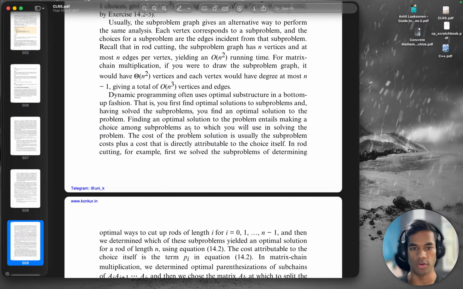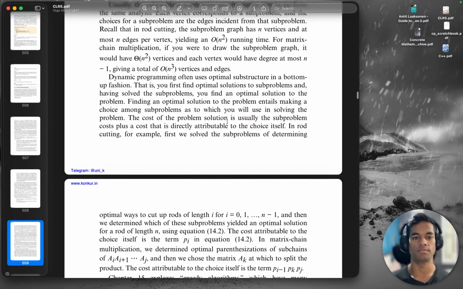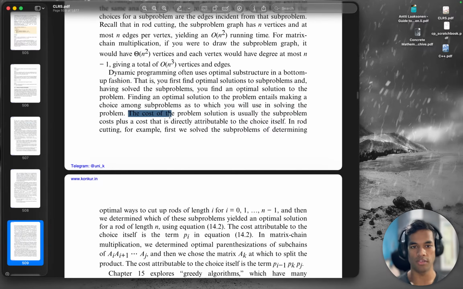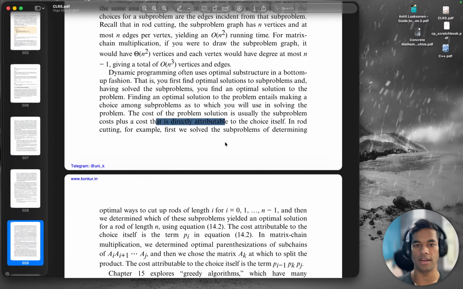Finding an optimal solution to the problem entails making a choice among subproblems as to which you will use in solving the problem. That is also true. The cost of the problem solution is usually the subproblem cost plus a cost that is directly attributable to the choice itself.